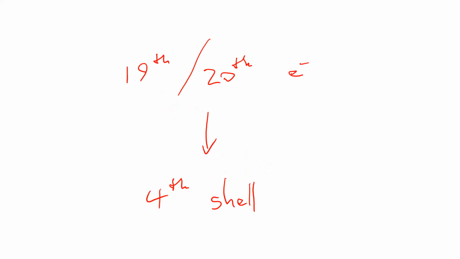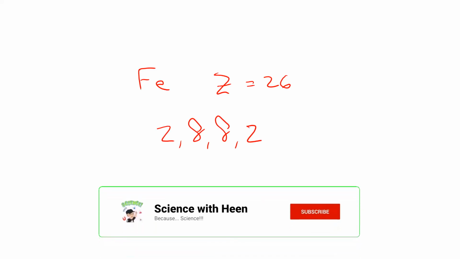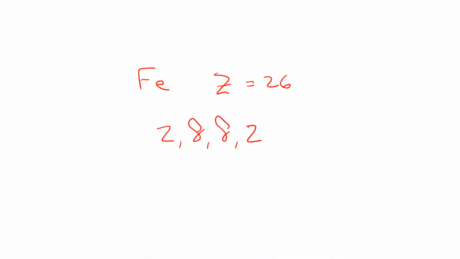So if we were to choose an element larger than calcium, let's say iron, atomic number 26, we have 26 electrons. 2 into the first shell, that's full, move on. 8 into the second shell, that's full, move on. We put 8 into the third shell, and then the 19th and 20th we put into the 4th shell. So that covers the first 20 electrons, but then we have another 6.